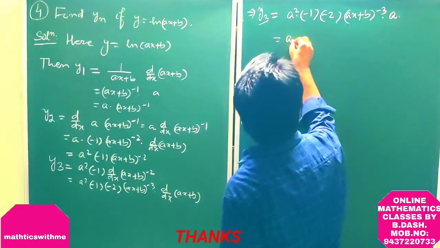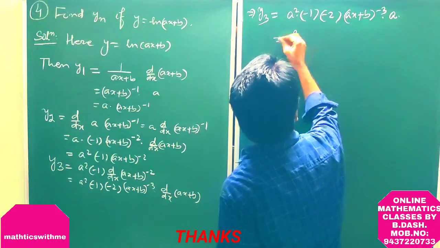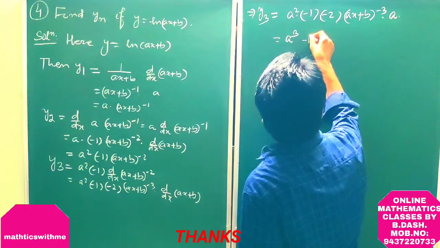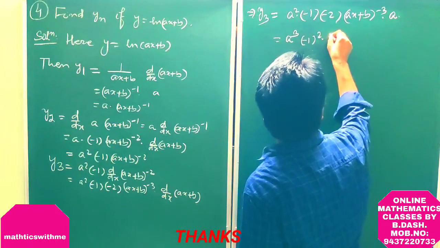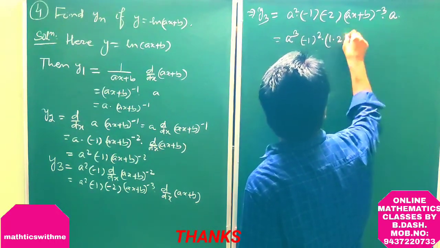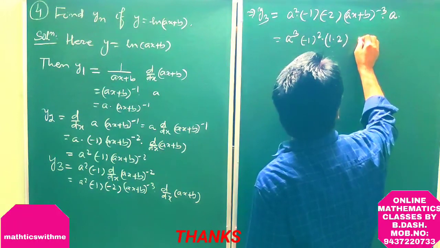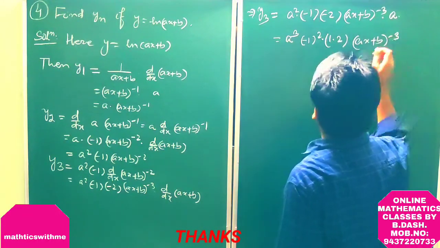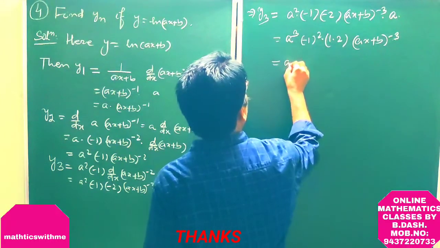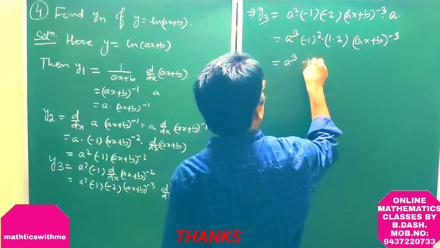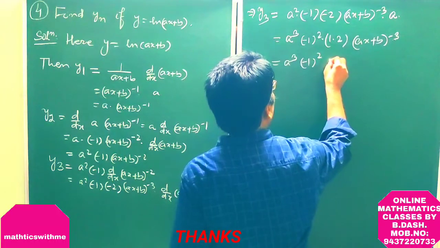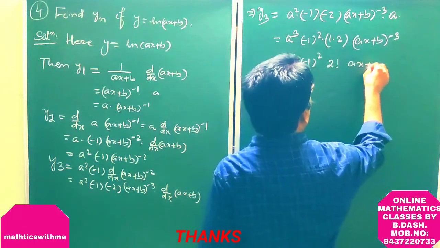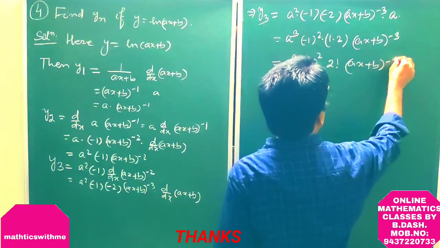This is equal to a cubed (-1)^2 times 1 into 2 times (ax + b)^(-3). This can be written as a cubed (-1)^2 2 factorial (ax + b)^(-3).